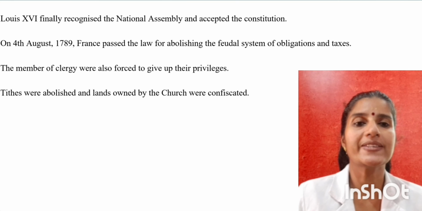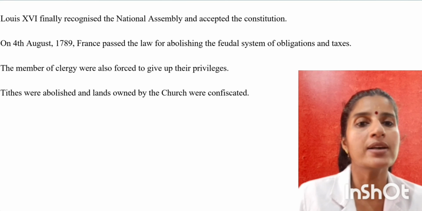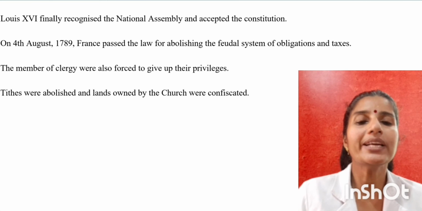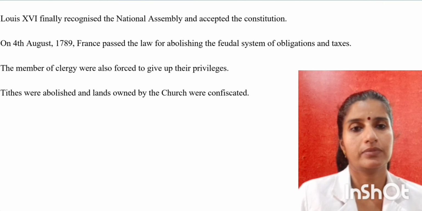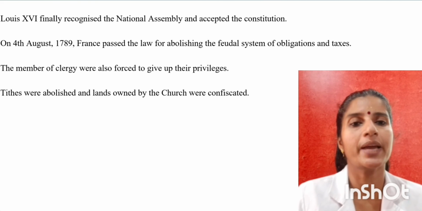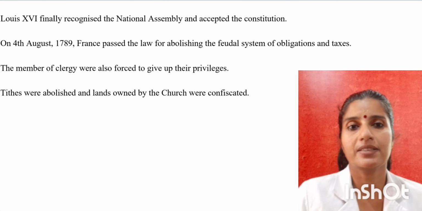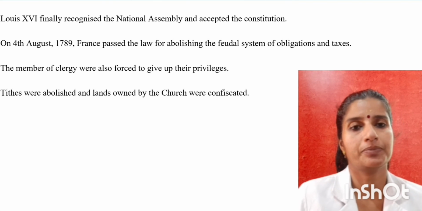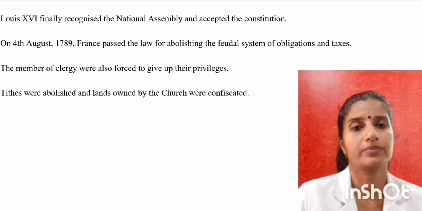On 4th August 1789, National Assembly passed a decree. According to this decree, the feudal system was abolished. Members of the clergy too lost their privileges. Tithes were also abolished, and the lands under the control of the church were confiscated.